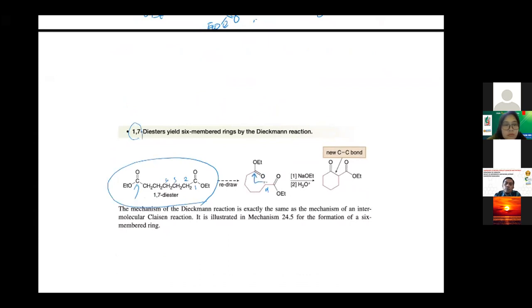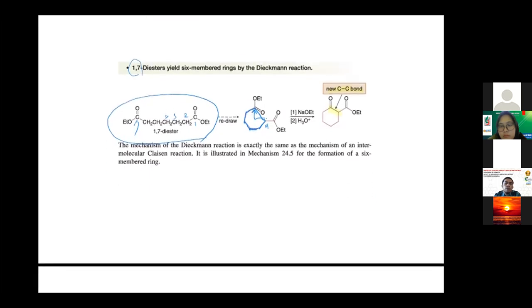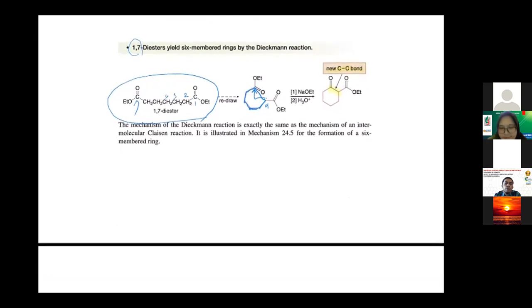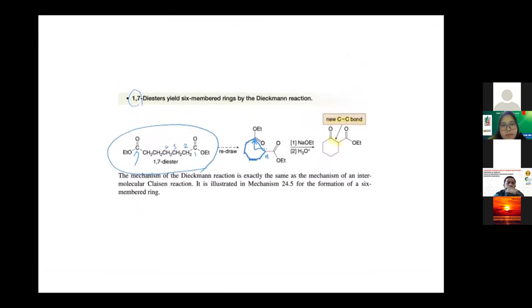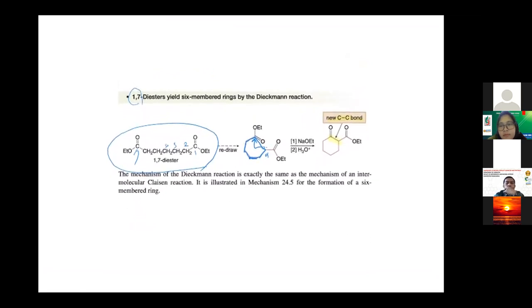It forms a 6-membered ring, and the new bond is here. Very easy, but it is very interesting to make rings using the Claisen reaction.